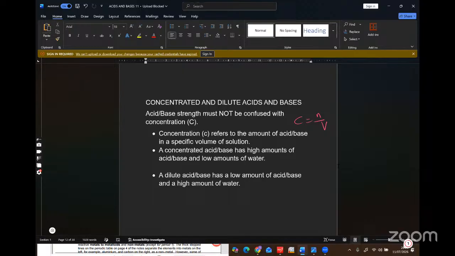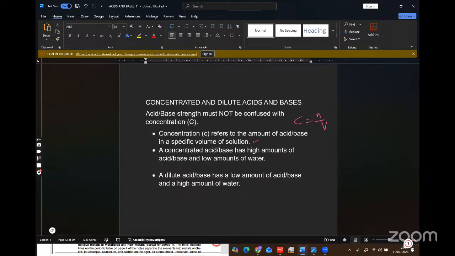So the same principle applies here. We say concentration refers to the amount of acid or base dissolved in a given volume of solution. A concentrated acid or base has a high amount of acid or base and a low amount of water. You understand that? So if something is concentrated, it has a high amount of whatever is inside, whether it's an acid or a base, and the amount of water is low.